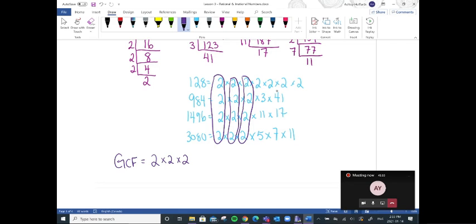So there's no 11 everywhere, 5 doesn't exist everywhere, neither does 41, 17, or 7. So that's literally it. For your GCF, you're taking those 3 common pieces that they all have and multiplying them together. So what that means is the greatest number that can be factored out of all 4 of those numbers is 8.